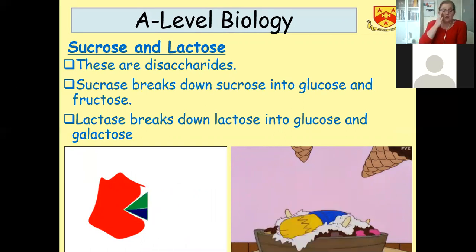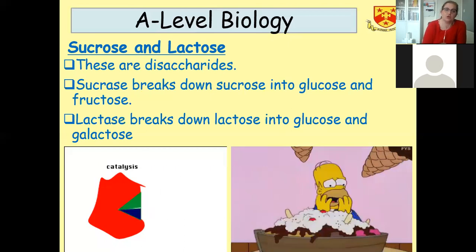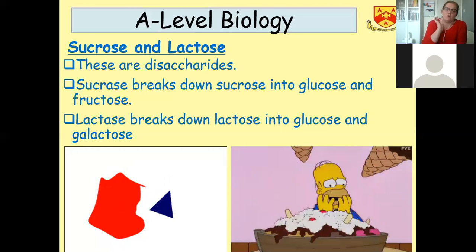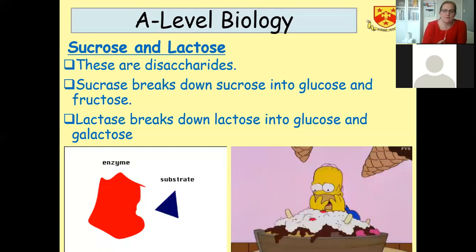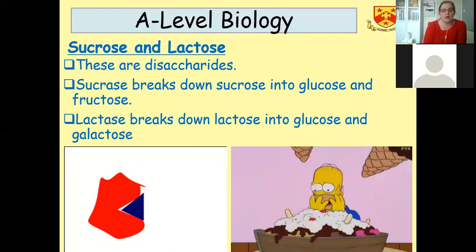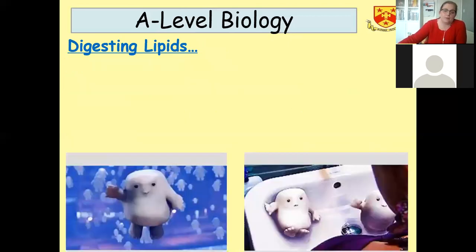Lactase breaks down lactose into glucose and galactose. So it's often a lot easier to see than say, because we know the differences between sucrose and lactose. They're our substrates, and sucrase and lactase are enzymes because they have ASE on the end.